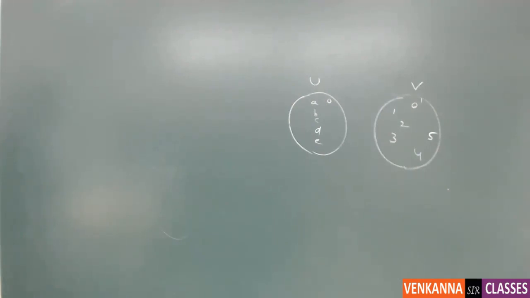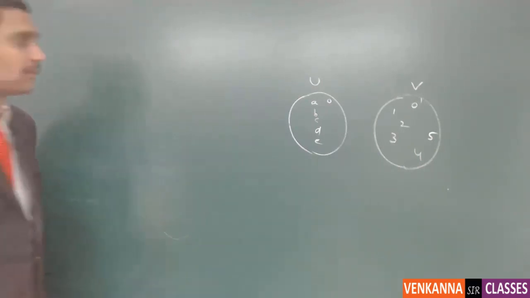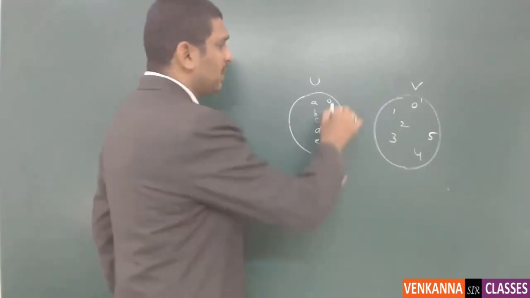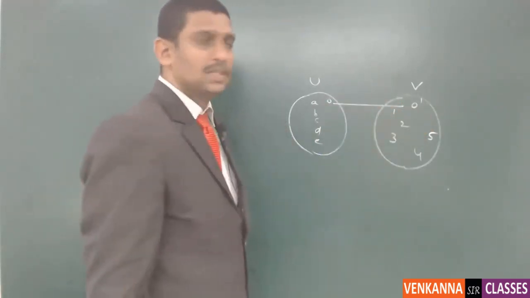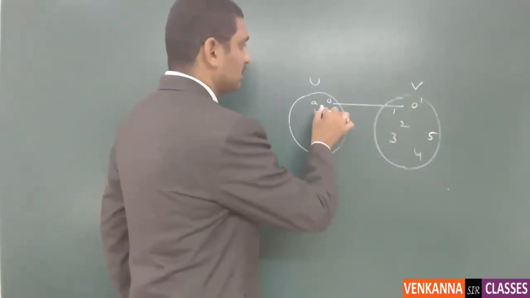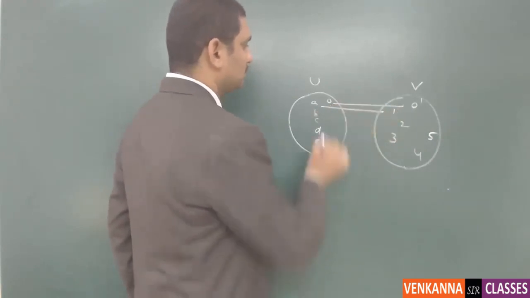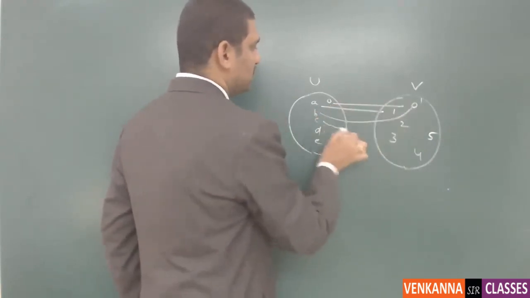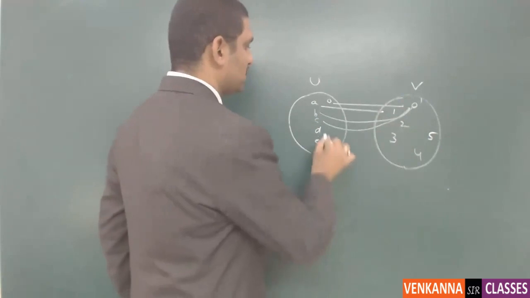Say, the vector spaces I considered are like that. Here I have paired them like this: 0 with 0 dash, a with 1, b with 0 dash, c with 0 dash.